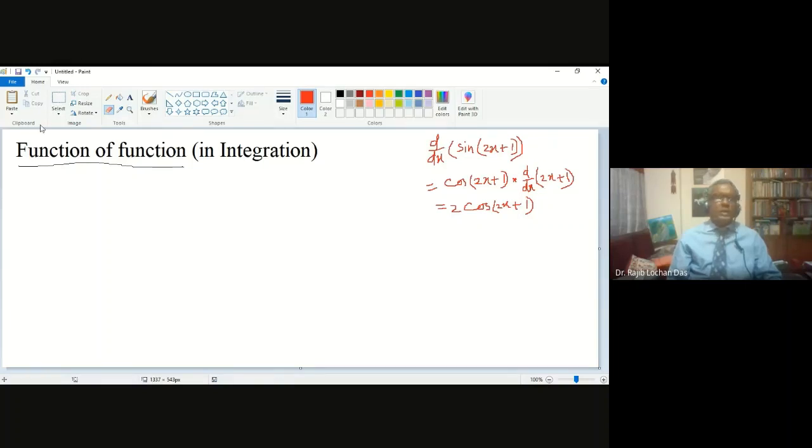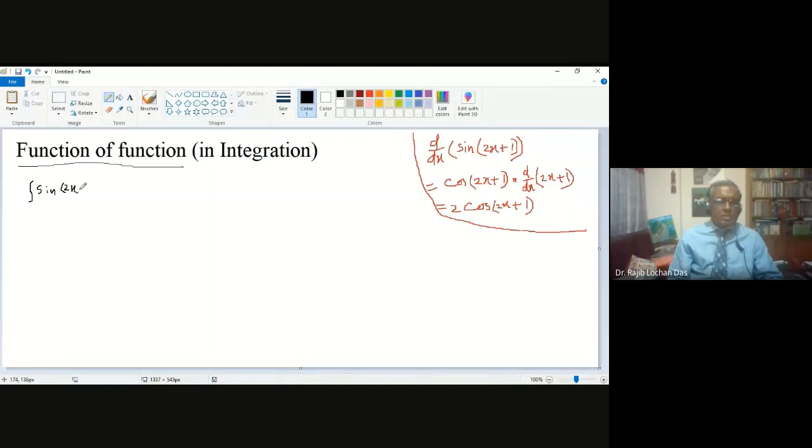There is no particular formula for this. It is one understanding, one situation, so that you can handle it with this technique. In integration, you have a similar situation. Say I am now integrating sin(2x+1).